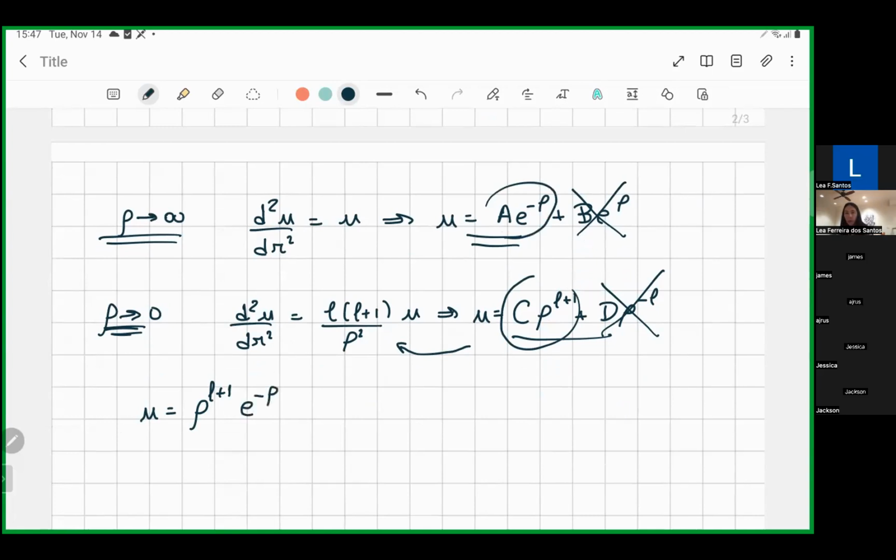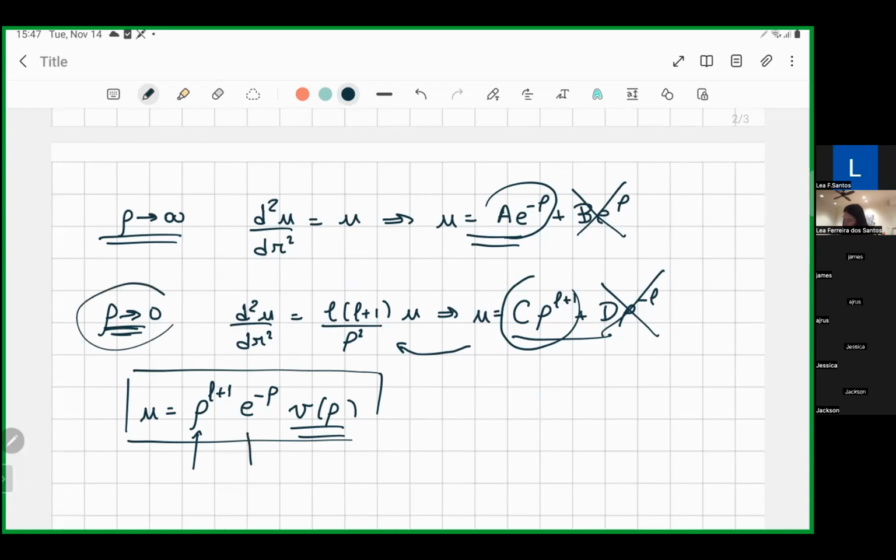And now how are we going to stitch all that? We are going to put another function of rho here, and our goal now is to find this function. I think this should be our solution, because this will take care of the solution when rho is very small, this will take care of the solution when rho is very large, and in between there is something that I have to find out.